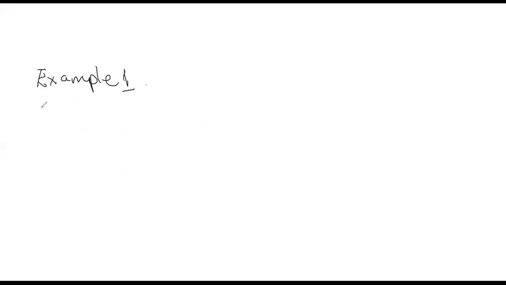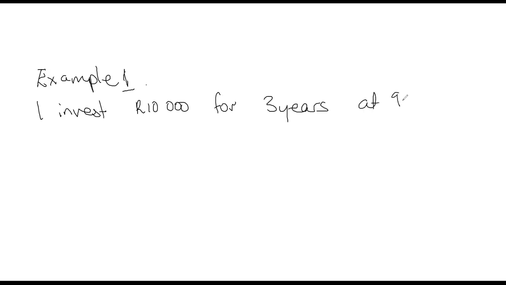right? Let's say I invest 10,000 Rand for 3 years, right? At 9% interest per annum, meaning per year. Most of the questions we're going to be dealing with will be interest per year, right?